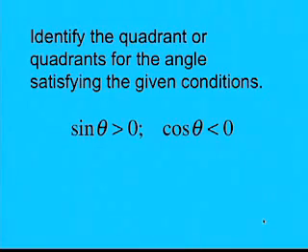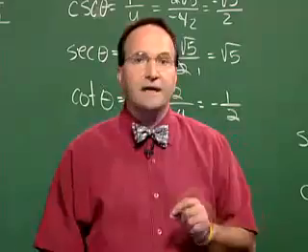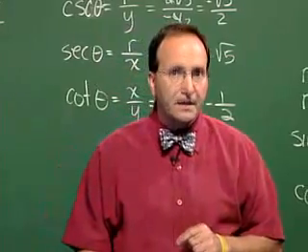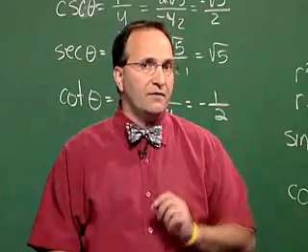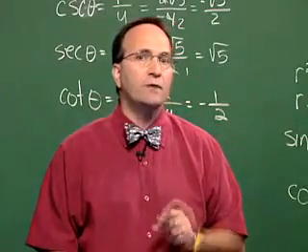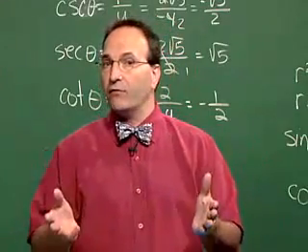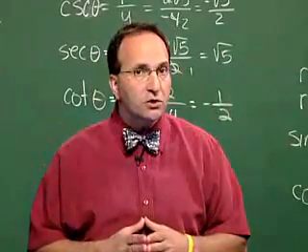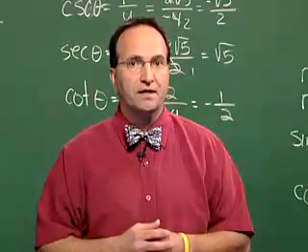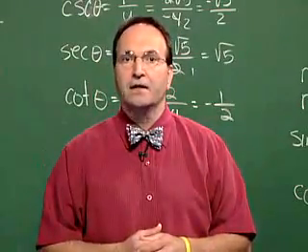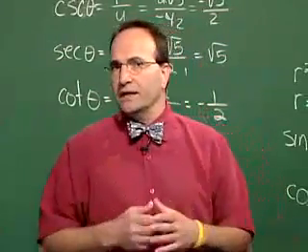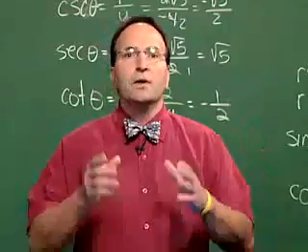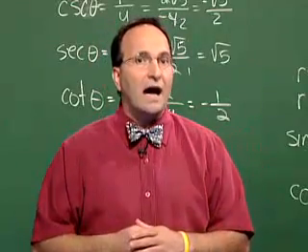In this case, we know that the sine of theta is positive in quadrants 1 and 2. Cosine of theta is negative in quadrants 2 and 3. Therefore, only quadrant 2 satisfies both conditions. So the angle theta lies in quadrant 2.